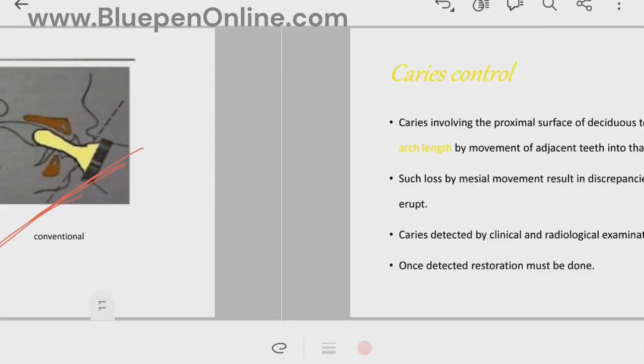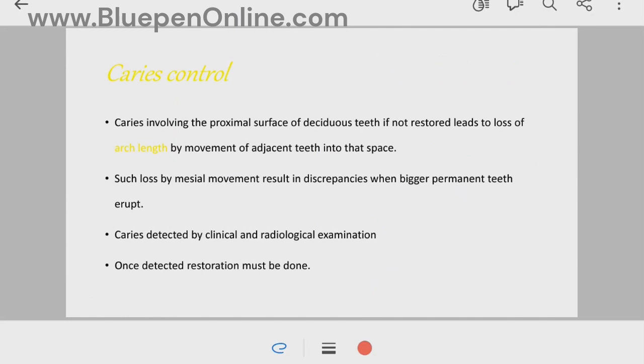Now, caries control. Caries involving the proximal surface of the deciduous teeth, if not restored, can result in loss of arch length by movement of adjacent teeth into that space. If this is a deciduous tooth with caries and you haven't restored it and it is completely decayed, you have to restore it.